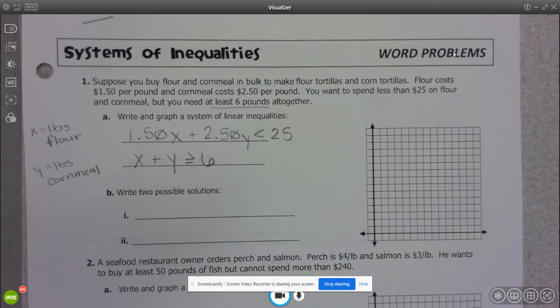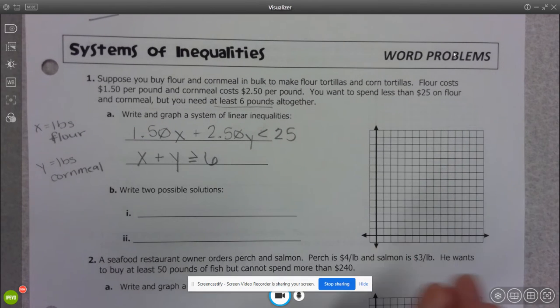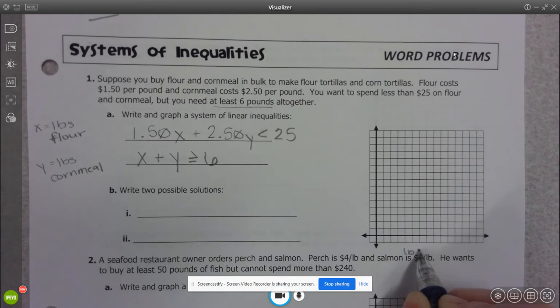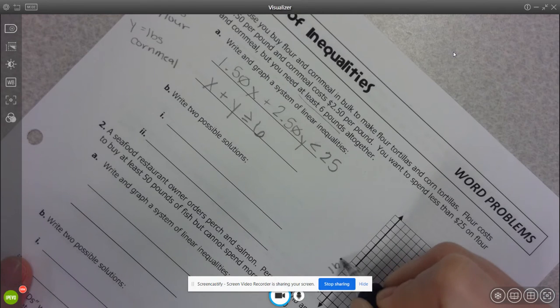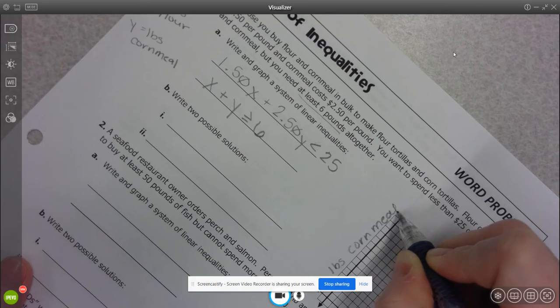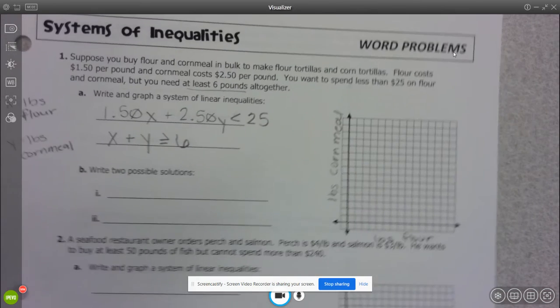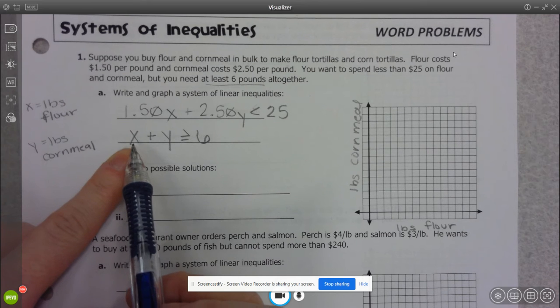So now I'm going to actually make my graph of my inequalities. This is going to be my pounds of flour, and this side is going to be my pounds of cornmeal. What I'm going to do first is this second equation.